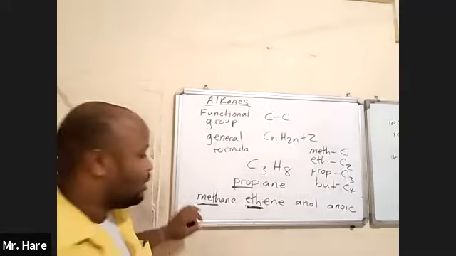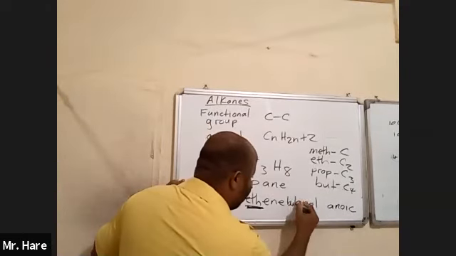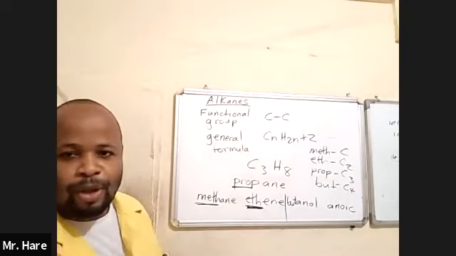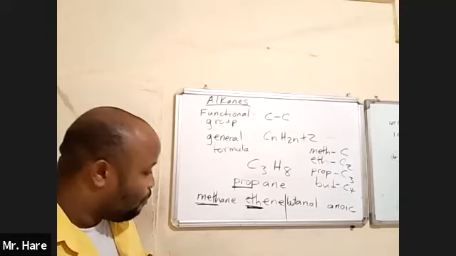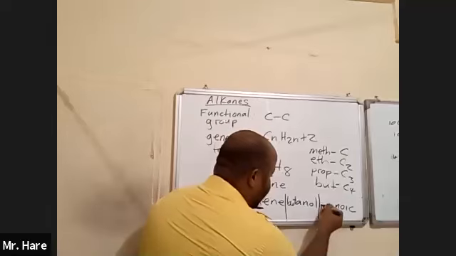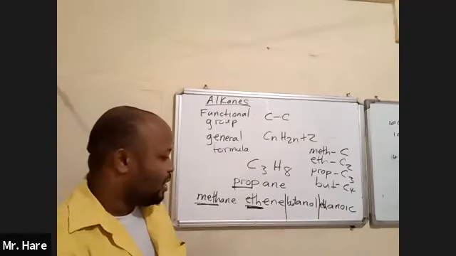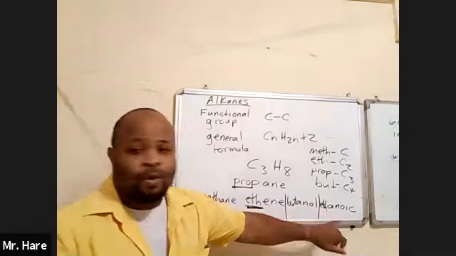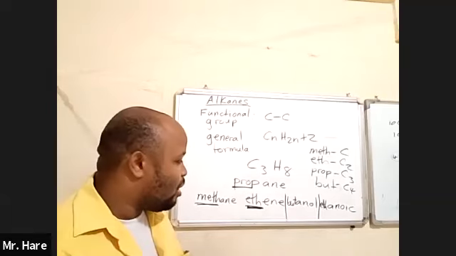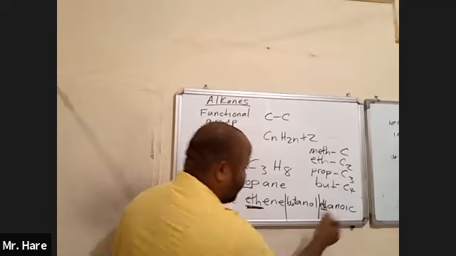If you hear butanol, then it's an alcohol with how many carbons? 4 carbons. The general formula for that is CnH2n plus 1 OH. And if you hear ethanoic acid, we know it's a carboxylic acid with how many carbon atoms? Two.